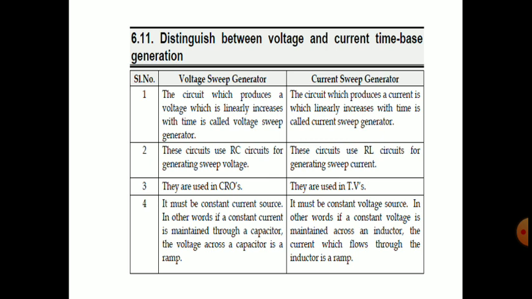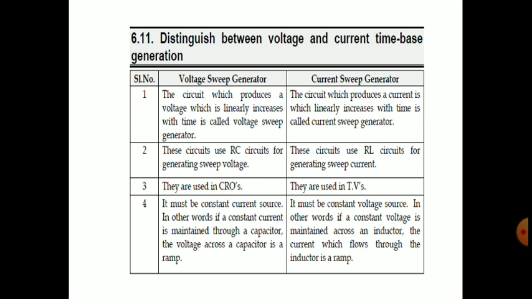It must be constant current. So if a constant current is maintained through a capacitor, the voltage across the capacitor is a ramp. And in the case of a current sweep generator, it must be a constant voltage source. In other words, if a constant voltage is maintained across an inductor, the current which flows through the inductor is a ramp.